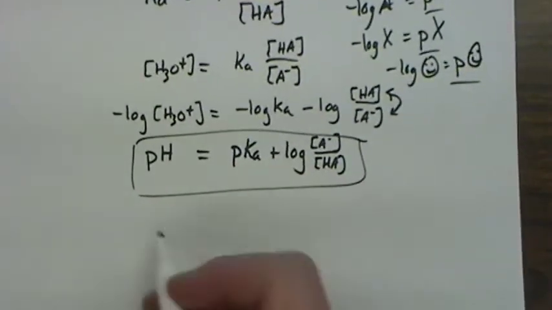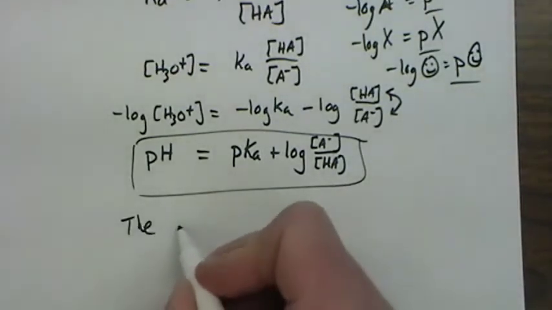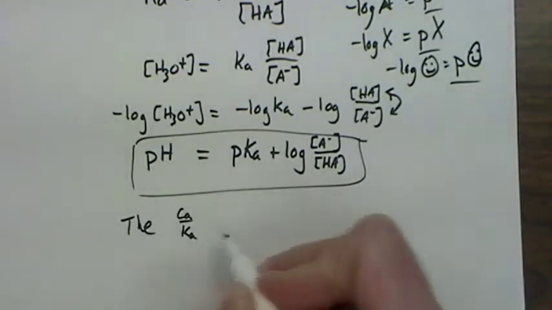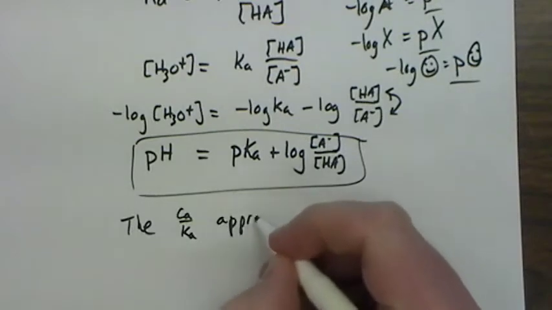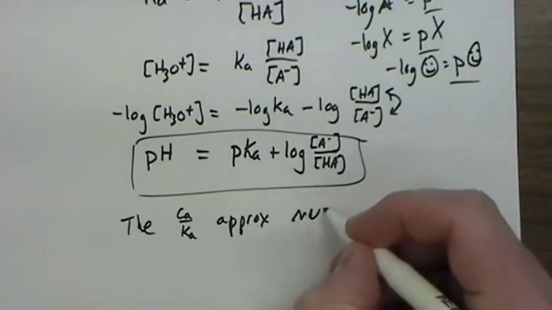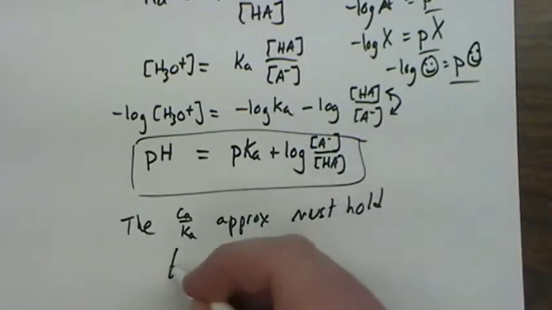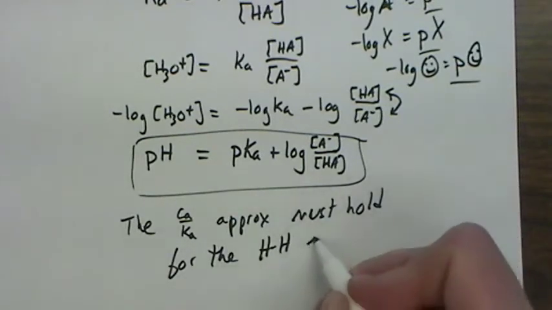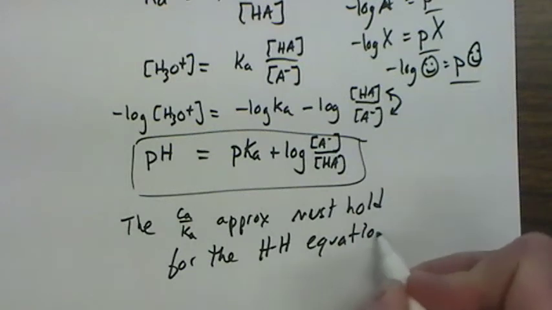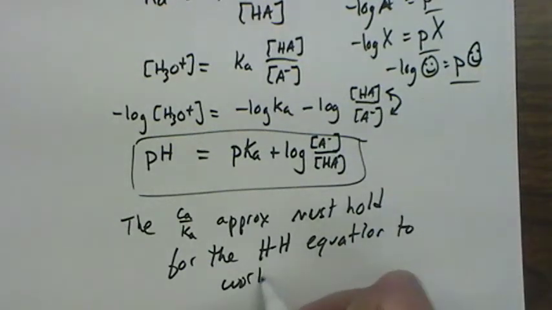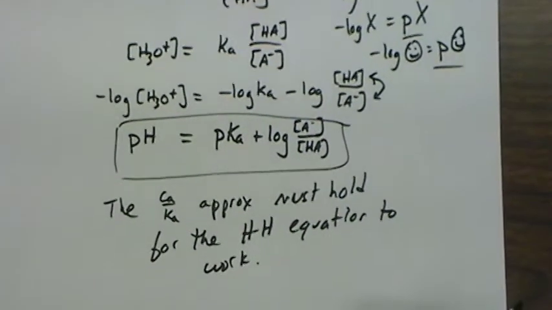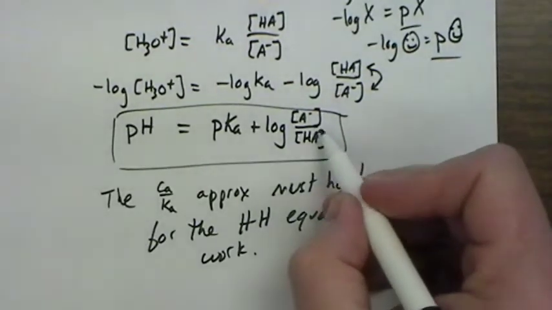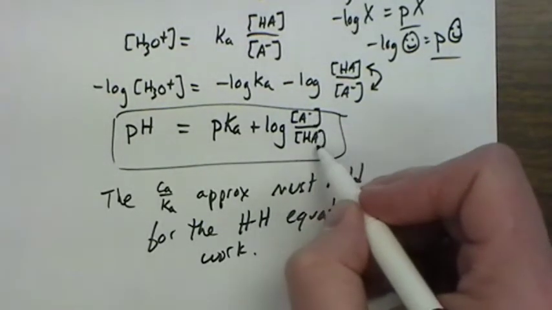One restriction, though, is the Ca over Ka approximation must hold for the Henderson-Hasselbalch equation to work. It's not magic. We're relying on the fact that the minus x and plus x have been removed from these concentrations.